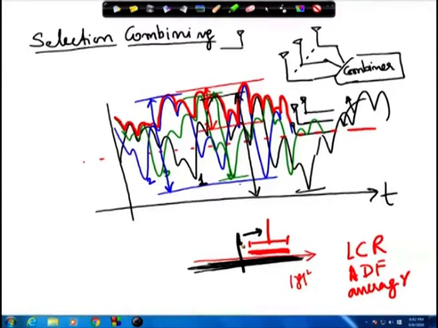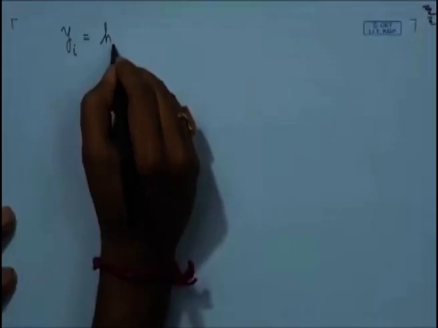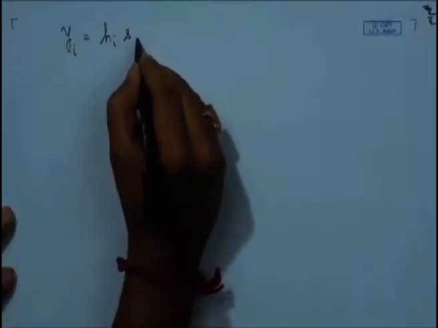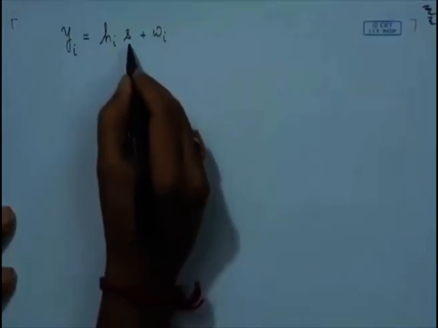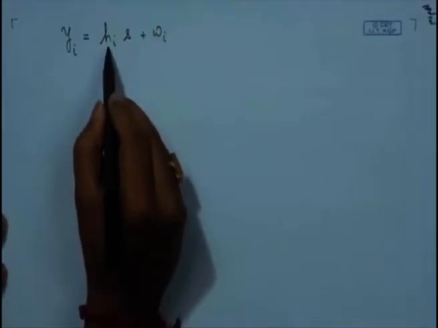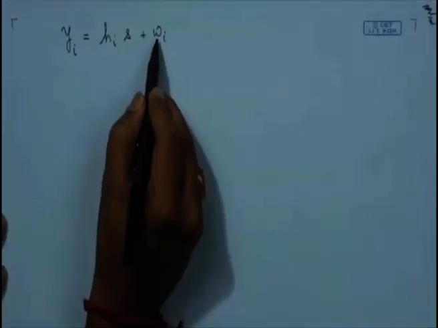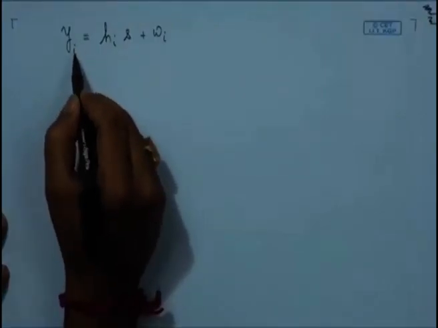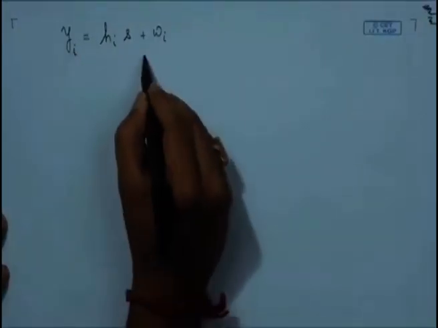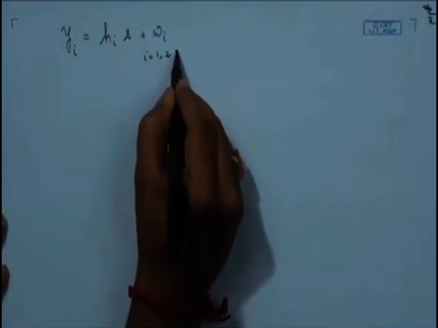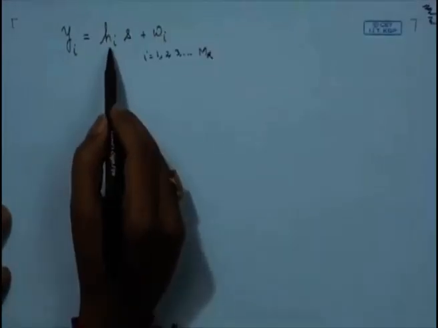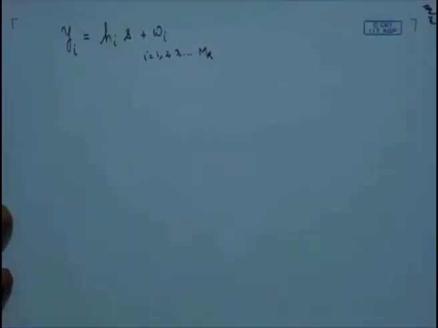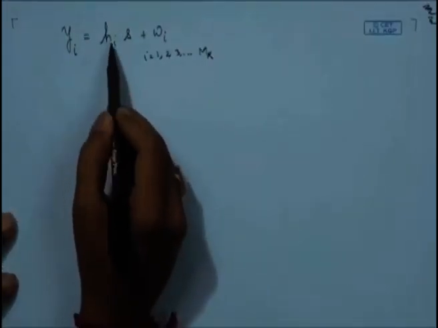Let us say that y_i, the received signal, is h_i times s plus w_i. s is the transmitted signal, h is the channel coefficient, and w is additive white Gaussian noise. y_i is the received signal, with i indicating the ith branch, where i is equal to 1, 2, 3 up to M_r, the number of received branches. h is flat, slow, and basically a stationary process.